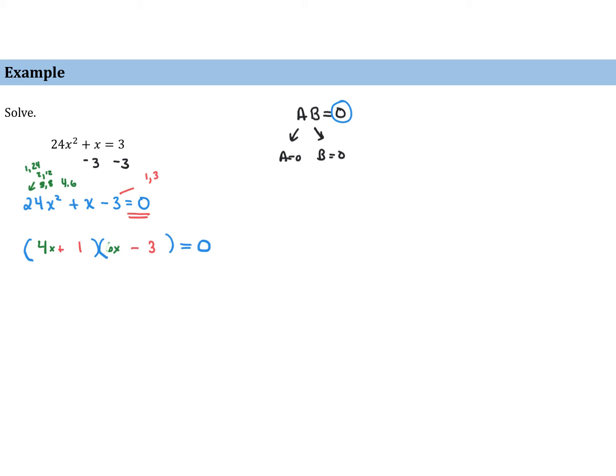So let's switch the 6 and the 4. So this gives you 4x. This gives you negative 18x, which does not give us positive x when we add them. That gives us negative 14x. So it's not that combination.